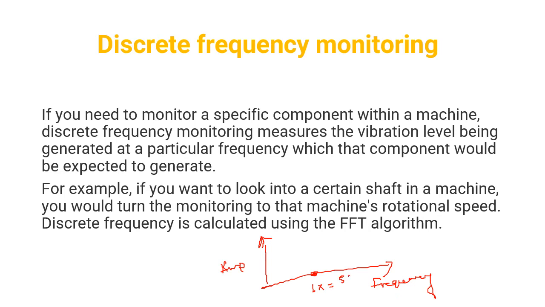Maybe it is 55 Hertz, and whatever peak we get here, we'll only take that, and we will remove all other signals, and over time we will analyze this particular peak, whether the amplitude of this particular component is increasing or decreasing, like that. In that example also, you can remember that this peak is representative of the shaft. So if we want to monitor the shaft only, we can use this kind of discrete frequency monitoring technique.